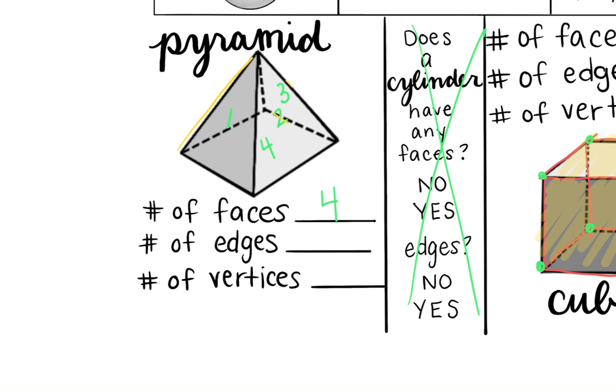So 1, 2, 3, 4, 5, 6, 7, 8. 8 edges. And last one, vertices. So I have the peak, the point, 1, and then 4 down below here in the base. So in total, we have 5 vertices for this square pyramid.